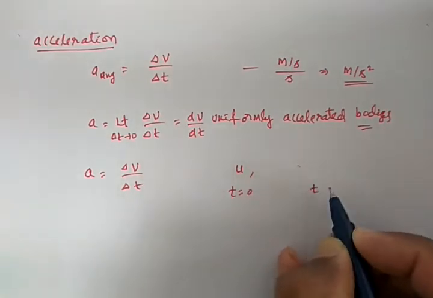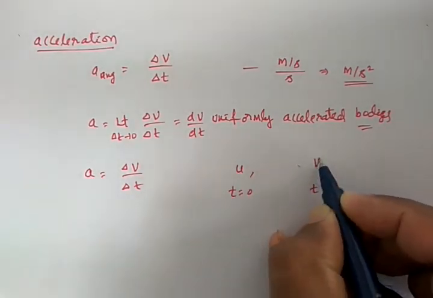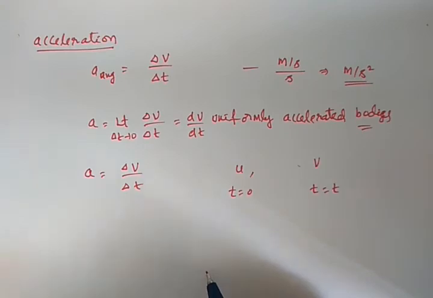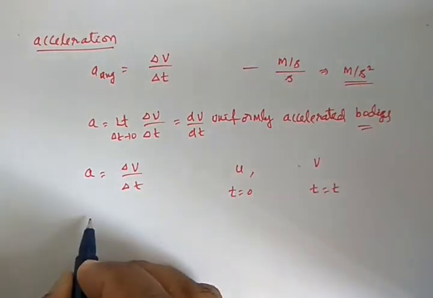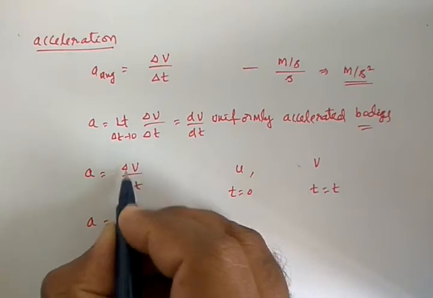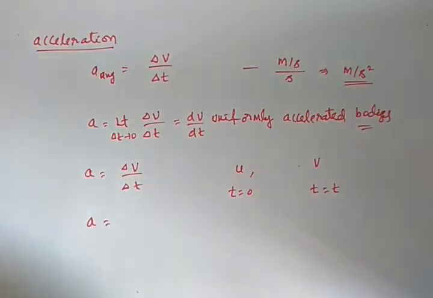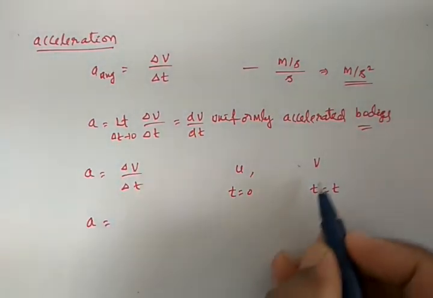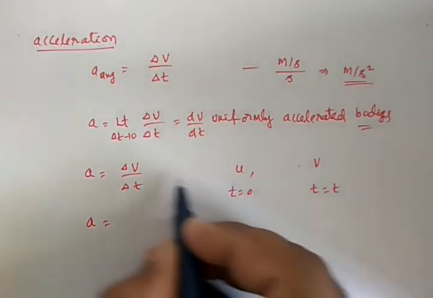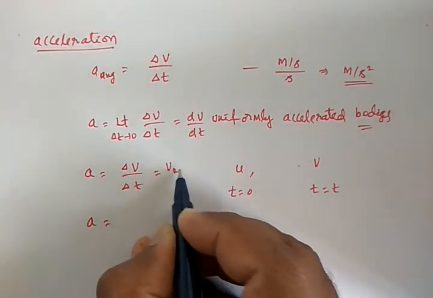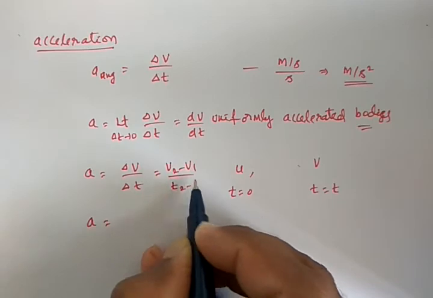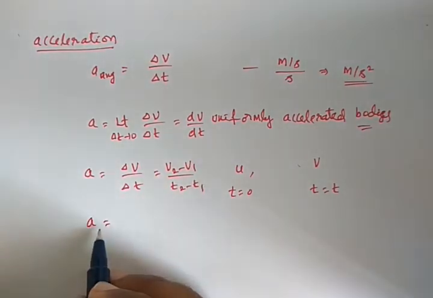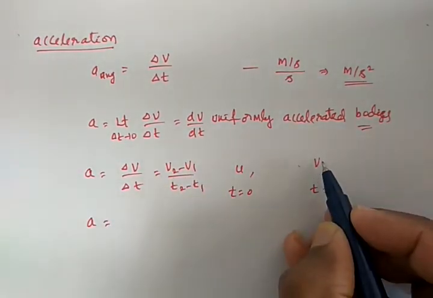When the time becomes t, the velocity is v. So for this case, you can write acceleration as delta v, the change in velocity, which is v2 minus v1, divided by t2 minus t1.